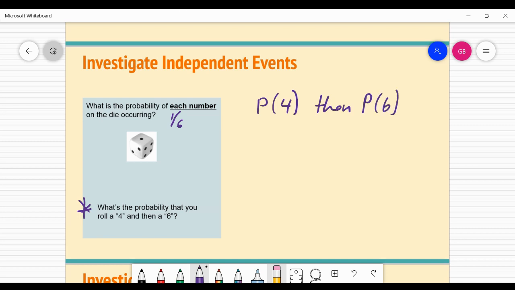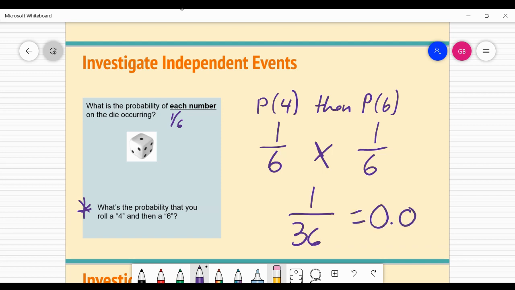Well, the probability of getting a 4 is 1 out of 6. And then the probability of getting a 6 is also 1 out of 6. So if I multiply these independent events, you get 1 out of 36. That is 0.03. It's a very low probability.